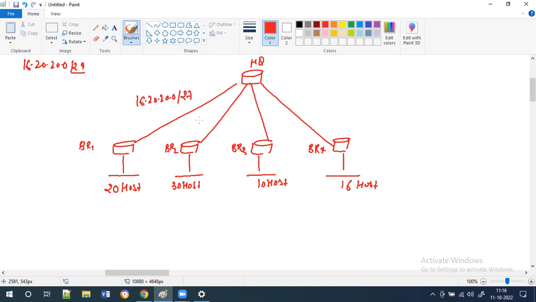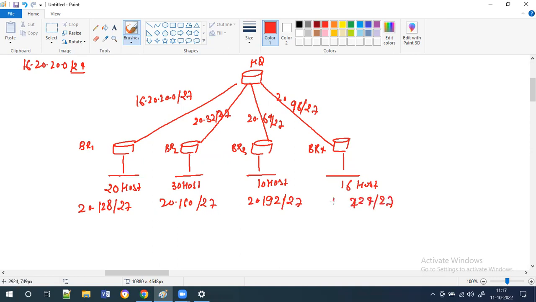16.20.20.0/27, then 16.20.20.32/27, then 64/27, then 96, 16.20.20.96/27, then 128, 16.20.20.128/27, then 160/27, 16.20.20.192/27, then 224.